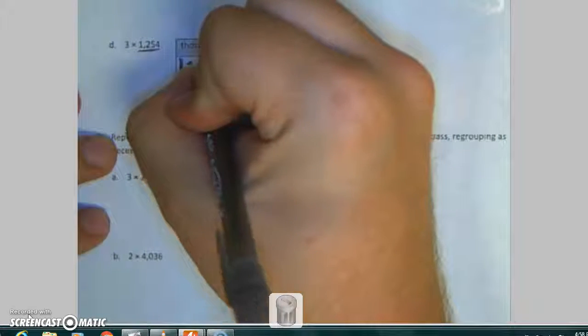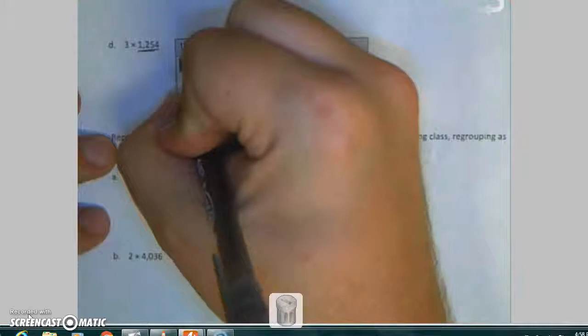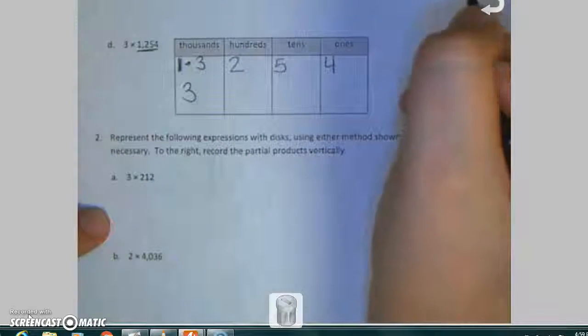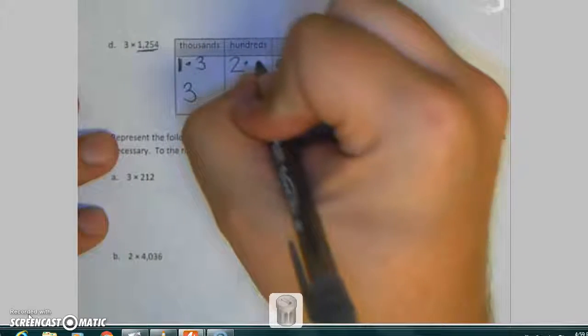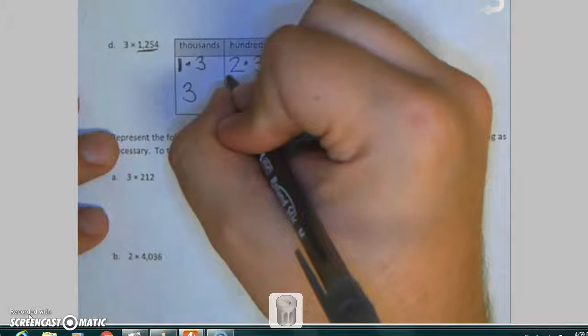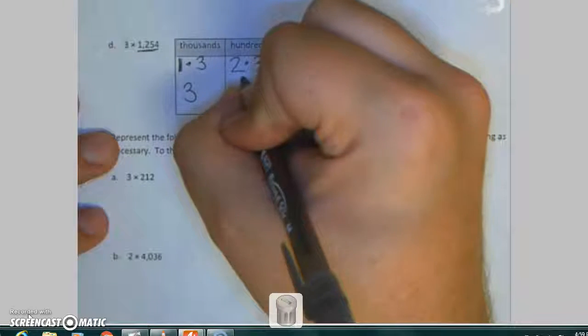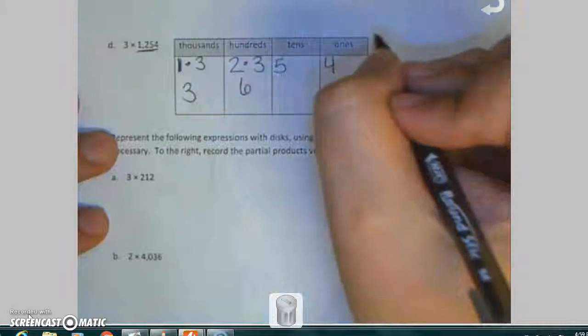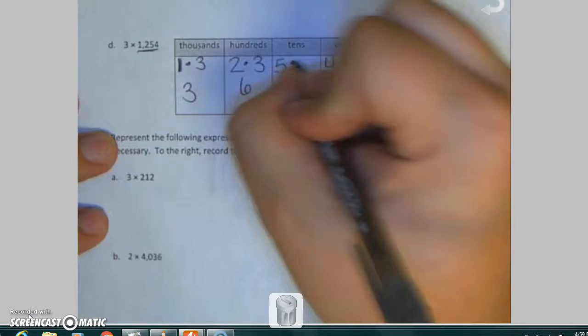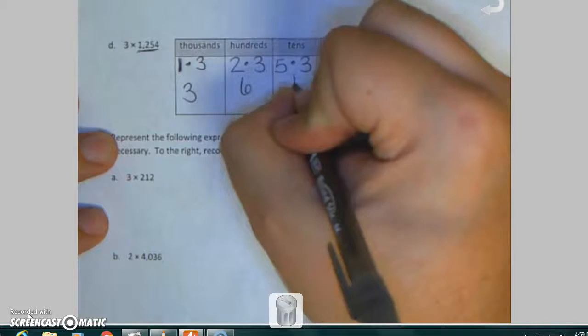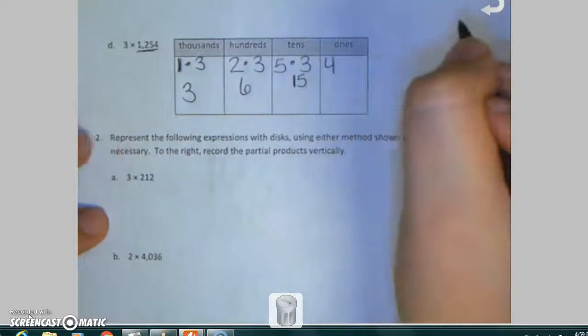So 1,000 times 3 gives me 3,000s. 200s times 3 gives me 600s. 5 tens times 3 gives me 15 tens.